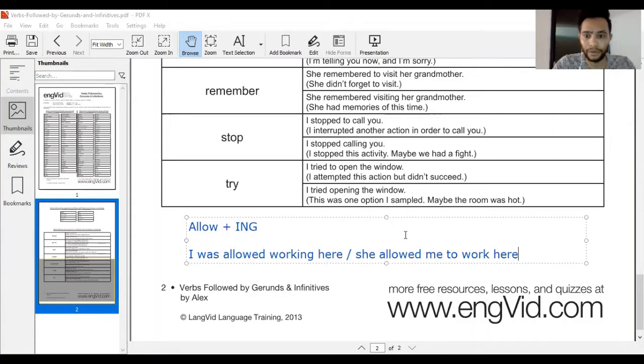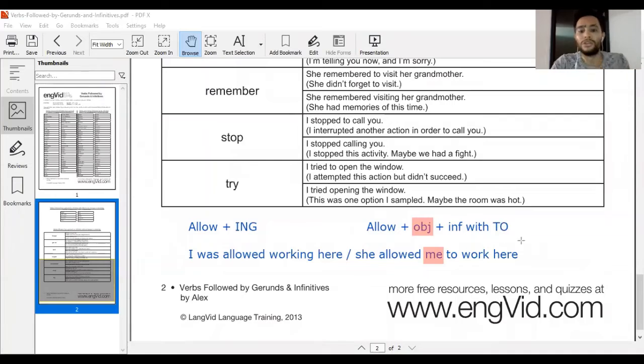There you go. So as you can see right here, I have allow plus object, plus the infinitive with to, right? So take a look. She allowed, right here we have the object, allowed me to work here.